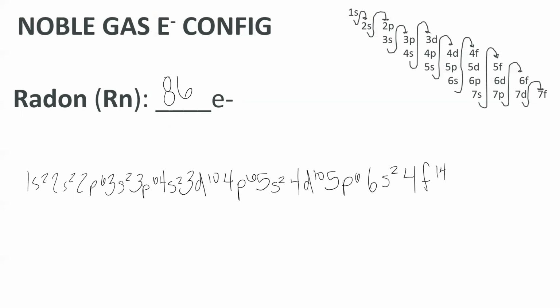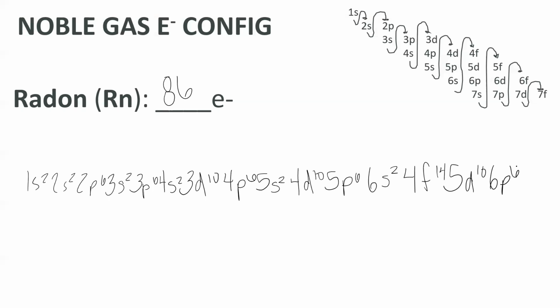I'm going to stop right there and check. So I got 2, 4, 10, 12, 18, 20, 30, 36, 38, 48, 54, 56, 70. So I'm at 4f14. 5d10 gives me 80. And then 6p6 gives me 86. So you have to know those first.